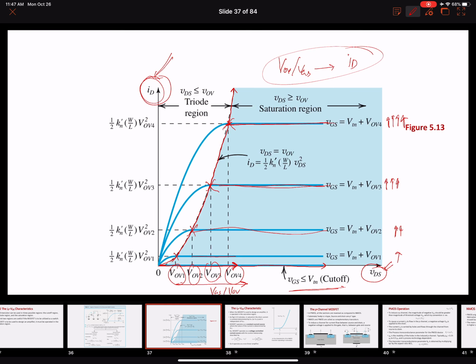Now going back to the other figure, we can see that for a specific value of the VGS, we can operate the transistor as a constant current source in the saturation region. So this is the saturation region, constant current, right? And whether the transistor has a constant current of this value, this value, or this value depends on the overdrive voltage, or the gate to source voltage.